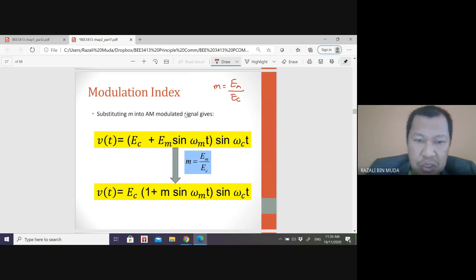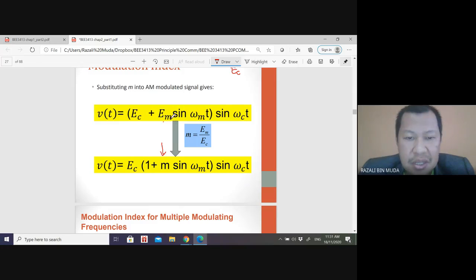So substituting this equation and factoring, from this equation you can change it to become this equation. And you have M inside the equation. So it no longer has EM, it has M. The EM has moved outside, and M is now inside.